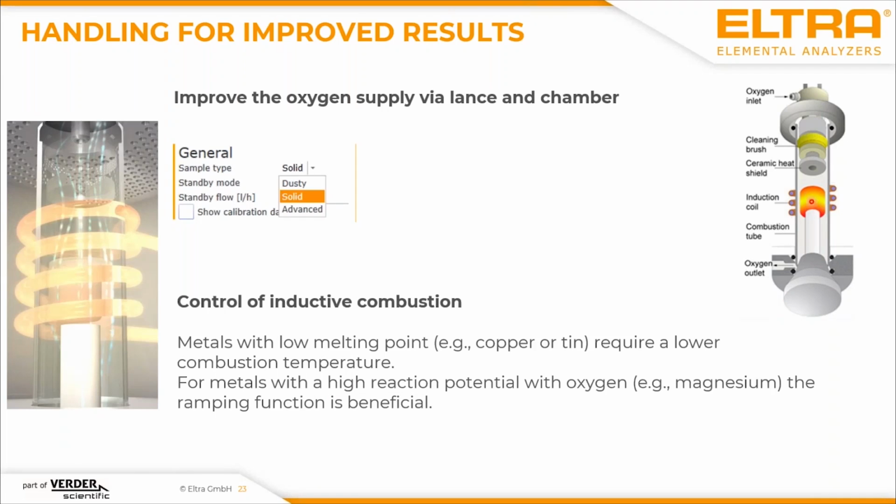Then your metal will start to boil inside the crucible, and then it will condense somewhere here. And this is something you should prevent. And you can do this by going down with the temperature. The same for highly reactive material like magnesium.